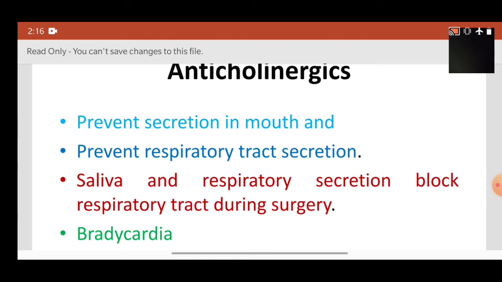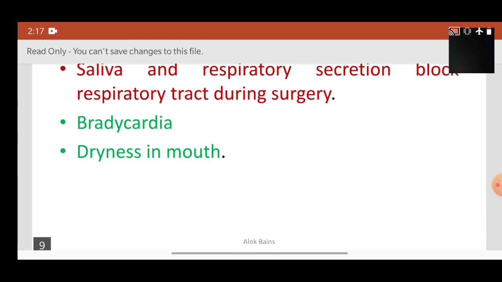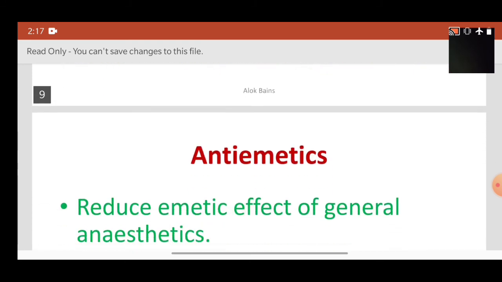If there will be excessive salivation during surgical procedure, that saliva may cause blockage of respiratory tract, and this respiratory tract blockage may cause death of patients. Thus, anticholinergics are also used as pre-anesthetic medication. This drug also cause dryness in mouth.